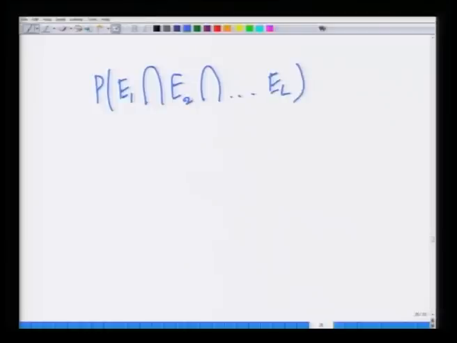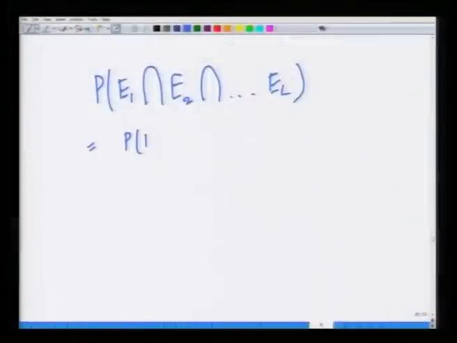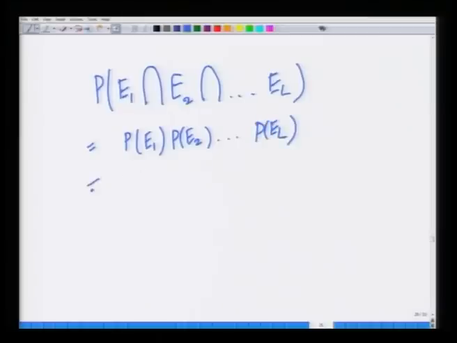That is, I need all the links to be in a deep fade for this system to be in a deep fade. And remember, all the links are independent, which means P of E1 intersection E2 intersection EL is P of E1 times P of E2 times P of EL. P of E1 is the probability that link 1 is in a deep fade, that is 1 over SNR.